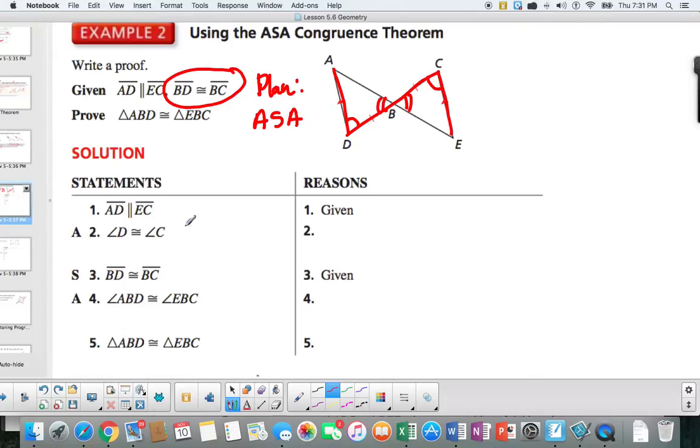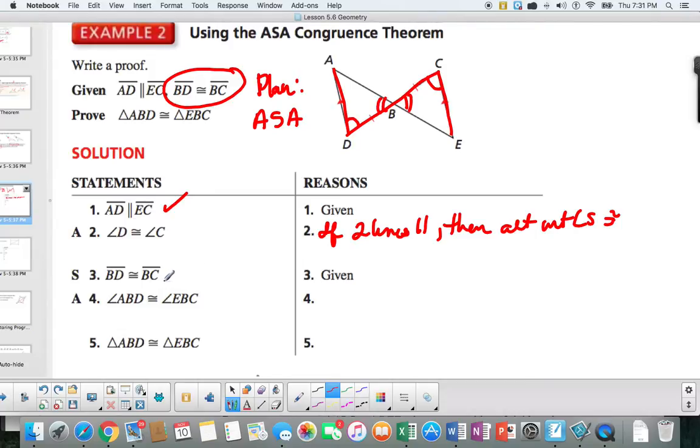All right, so in the given, we have the two lines are parallel, so we get angle D congruent to angle C, if two lines are parallel. That's coming from the previous line right here. These are alternate interior angles, which are congruent.